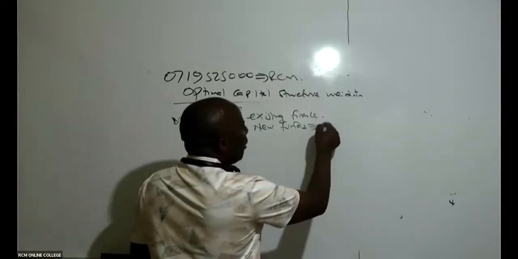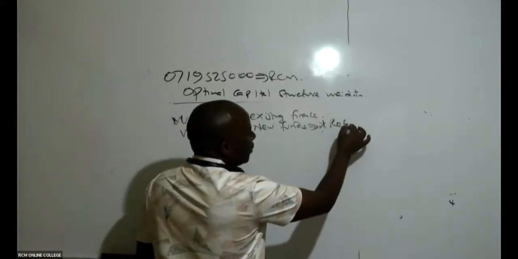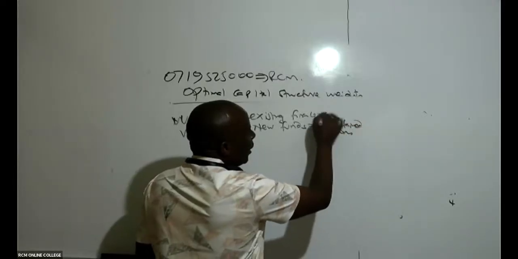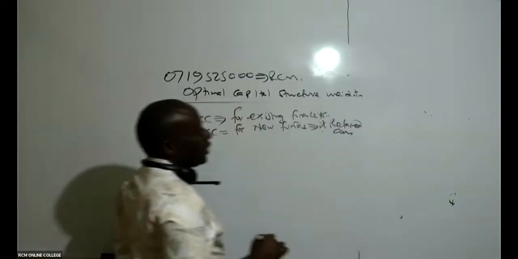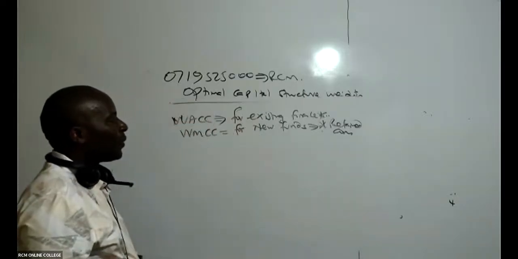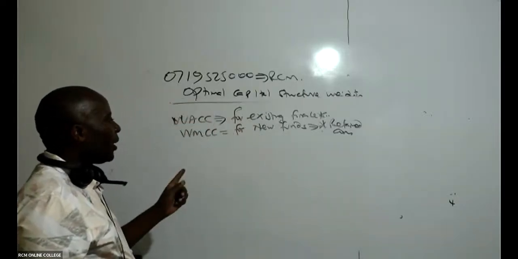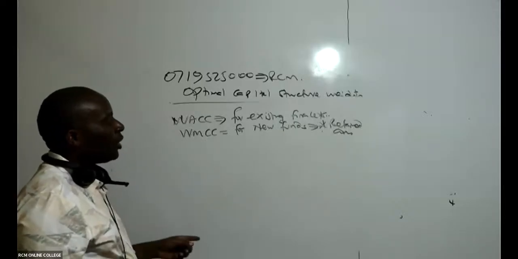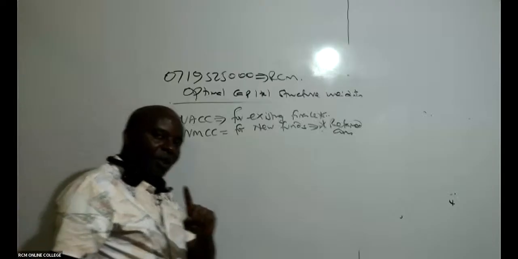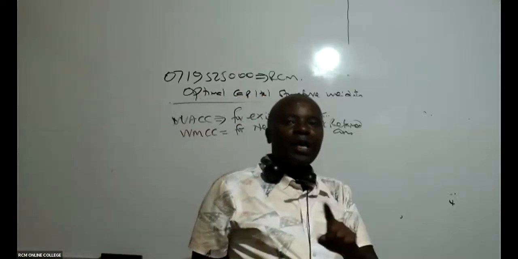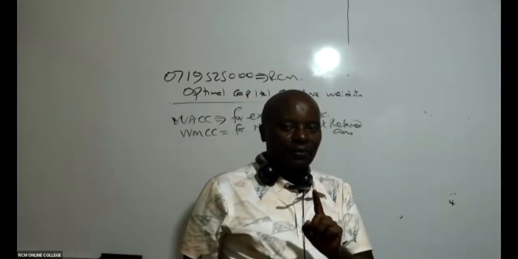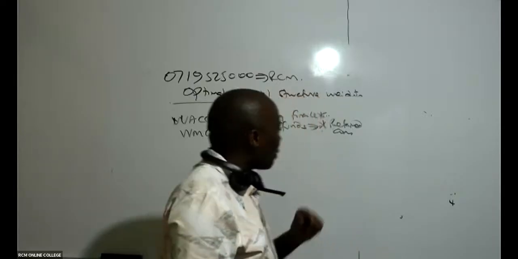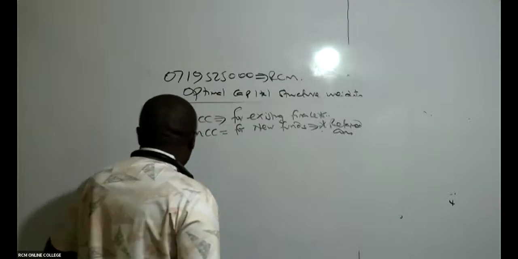This one considers retained earnings, and this one does not consider retained earnings. Whenever you are computing the weighted marginal cost of capital, the retained earnings are very, very relevant. Allow me to explain something very important here.